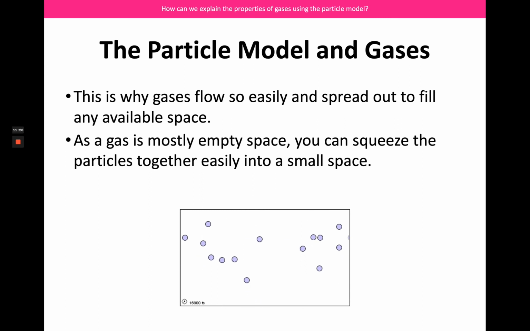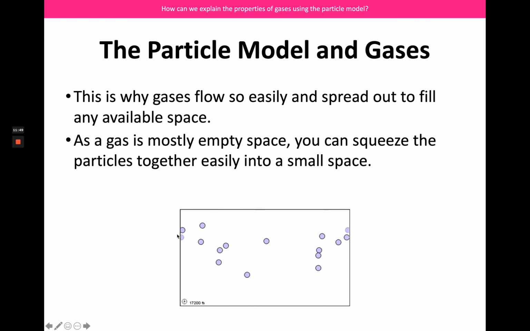This means that gas, and you look at the box at the bottom there, and you look at the particles in it, it's mostly empty space. Now, empty space means nothing, okay? But we are talking at a very, very small scale here. Now, what we could do is we could compress this gas.